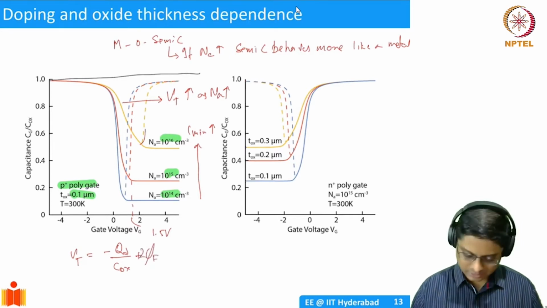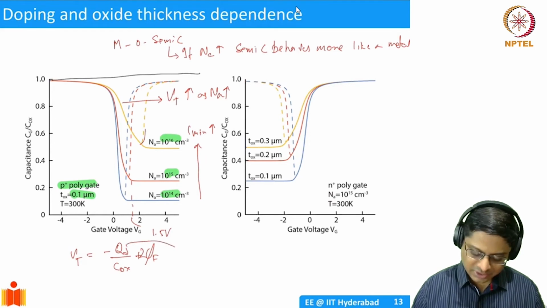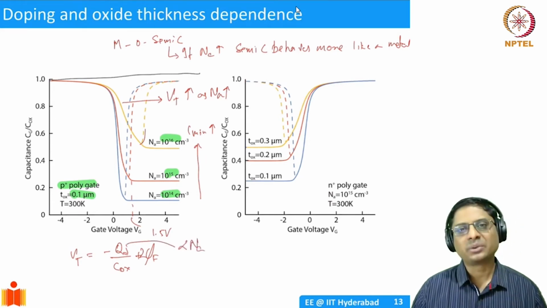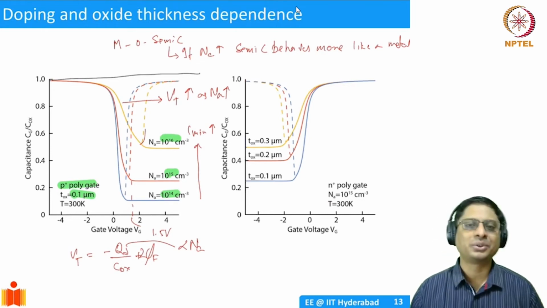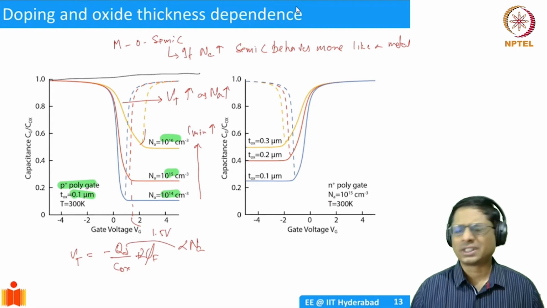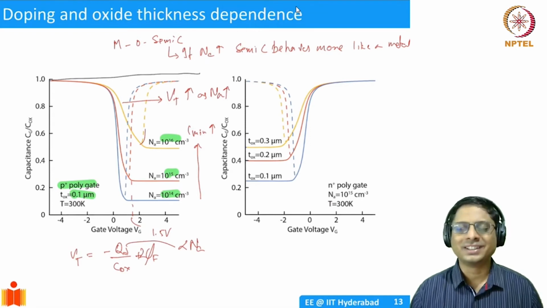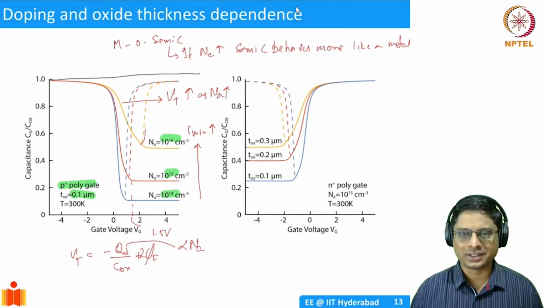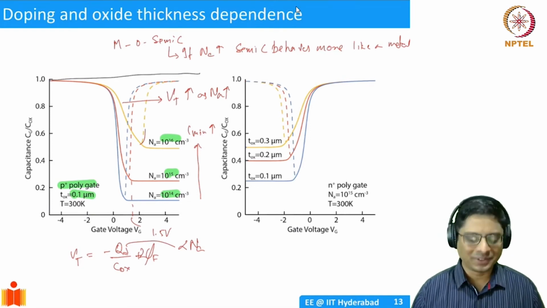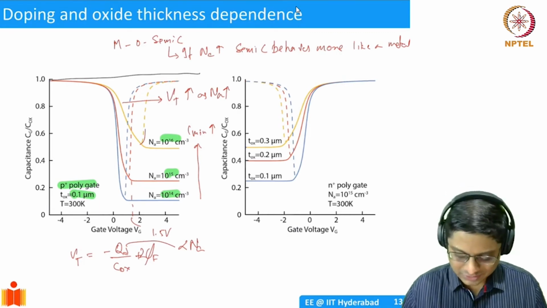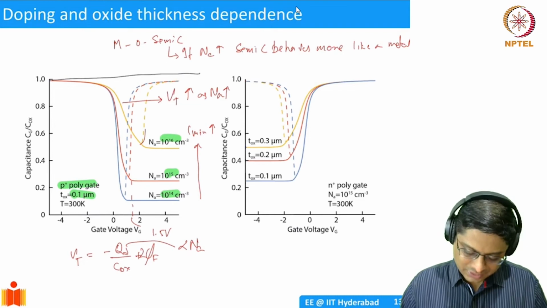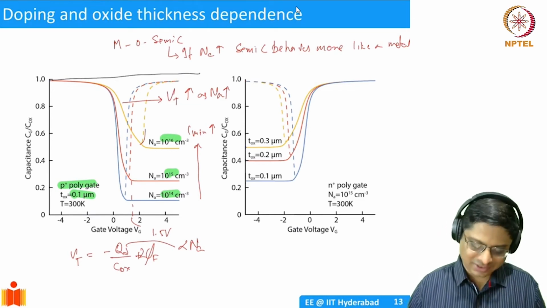So QD is basically proportional, this guy is proportional to Na. As you increase the doping concentration, VT is going to increase. Sorry, if you don't want a high VT, you need to use a low Na. But then if you have low Na, there will be some other side effects. Okay, if you're actually doing the device design, you have to take care of all these things.